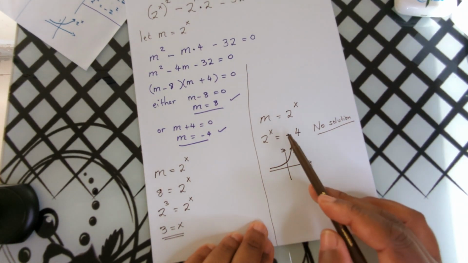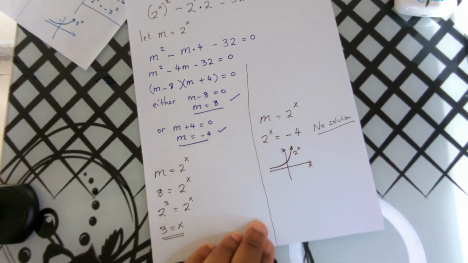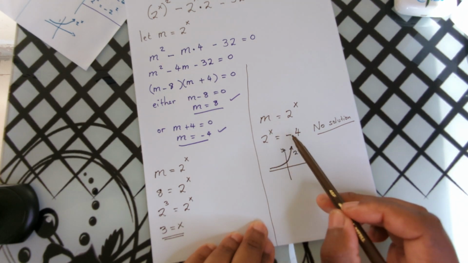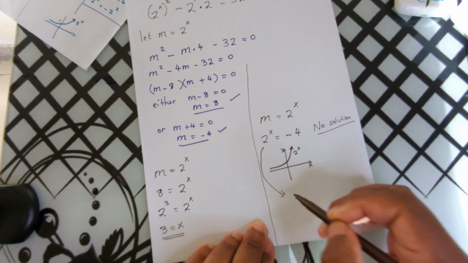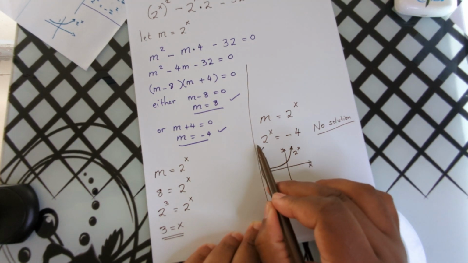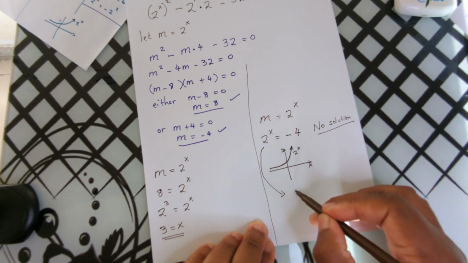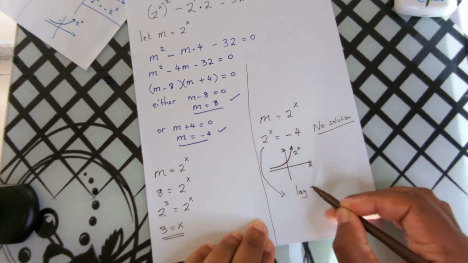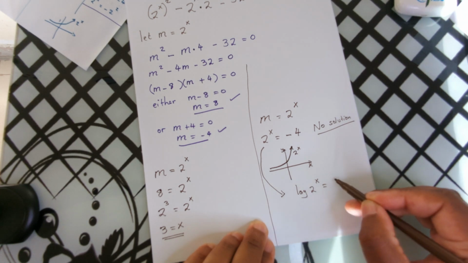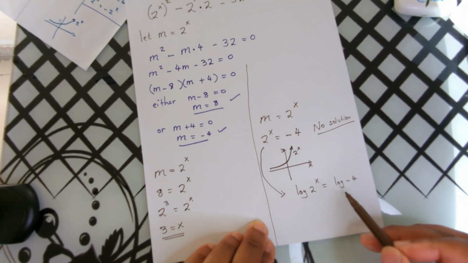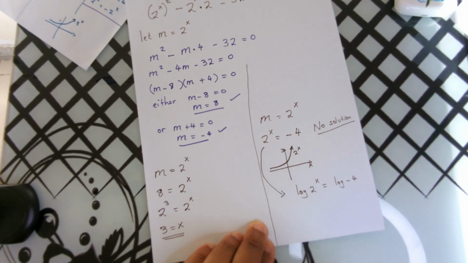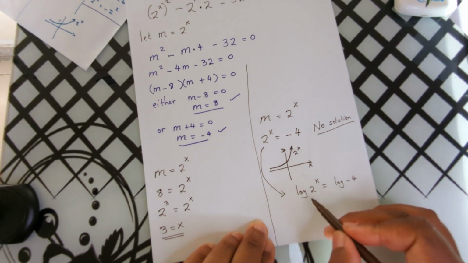Another way of verifying that we don't have a value of x when m is -4 is by applying logarithms. So what you can do is apply logarithms on both sides. So you're going to have logarithm of 2 to the power x is equal to the logarithm of -4, and we know that we don't have logarithms of negative numbers.